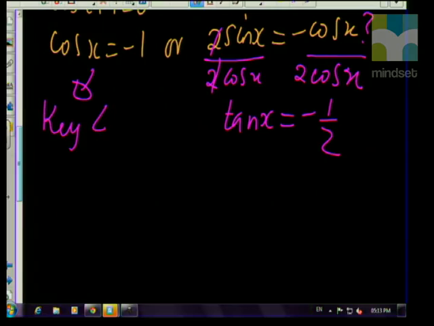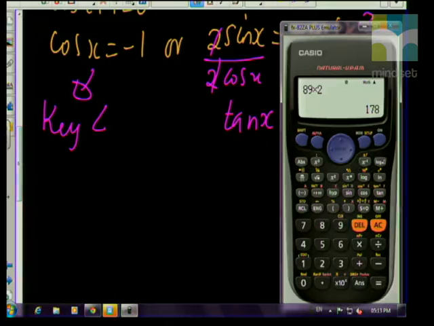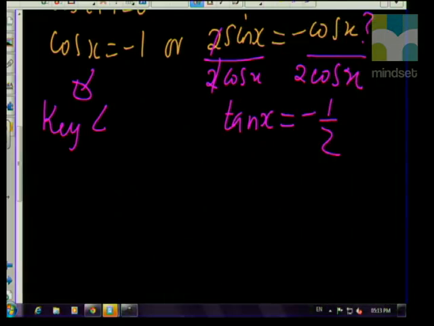Some of you are going to draw a graph here, but let's just do it using a key angle. So you say shift cos of 1, which gives us naught. So our key angle in this case is 0.